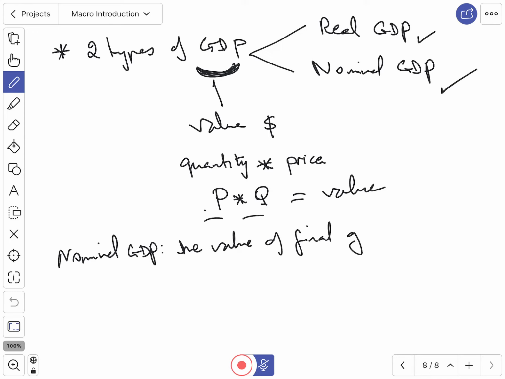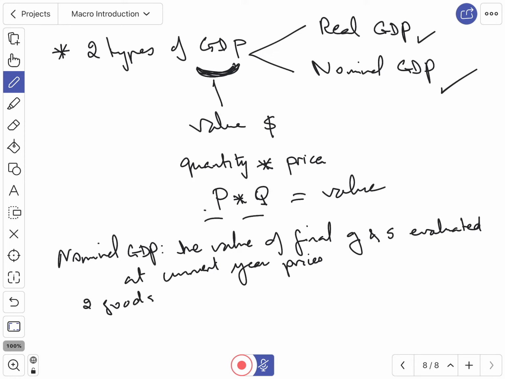Final goods and services evaluated at current year prices. So if I have, let's say, two goods, I'm going to say, okay, the nominal GDP is equal to price of good 1 times the quantity of good 1 plus price of good 2 times the quantity of good 2.